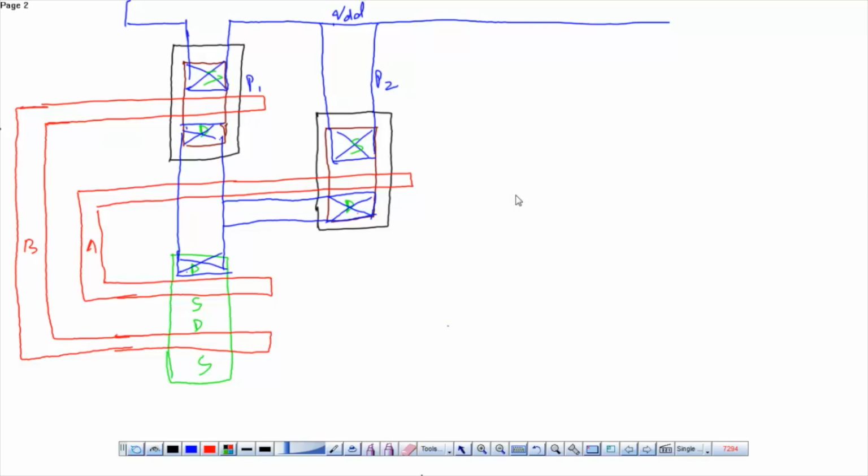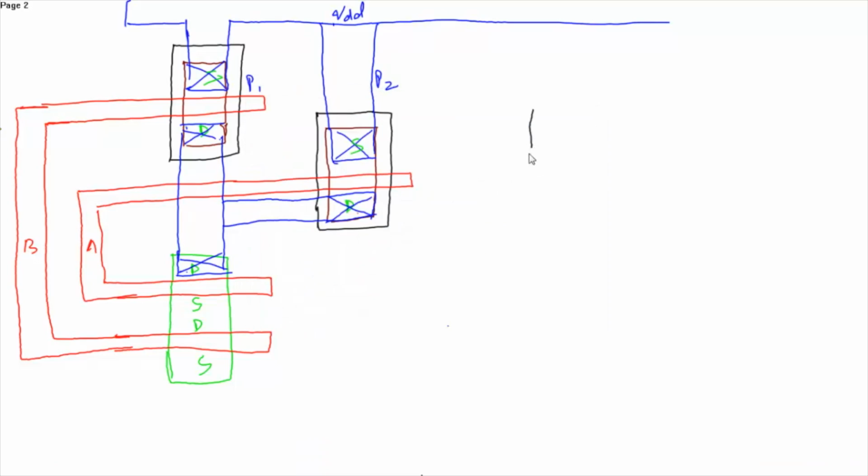Okay, now we have to make an inverter. And this is N-well, this is P diffusion. Okay, this is the N diffusion.